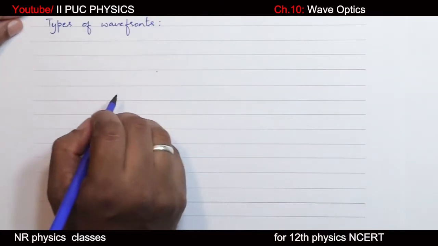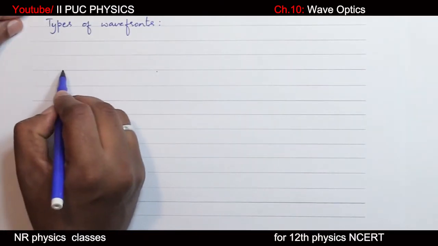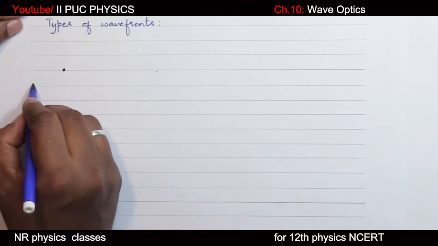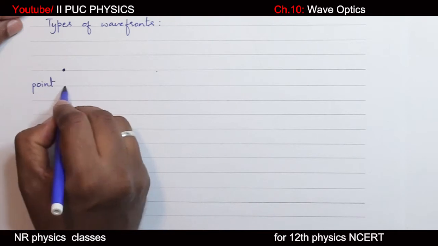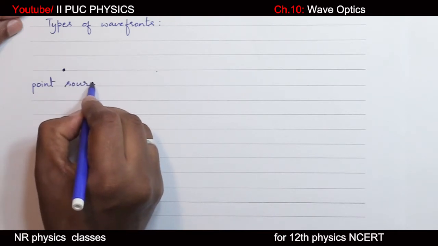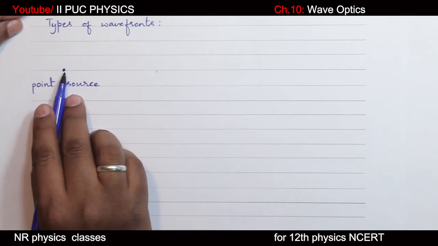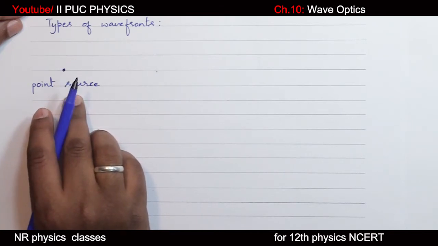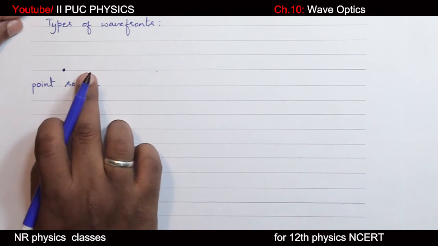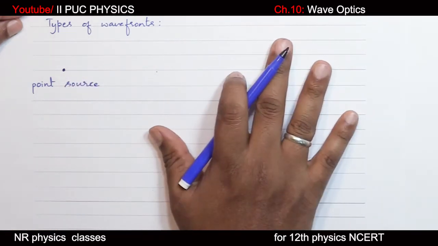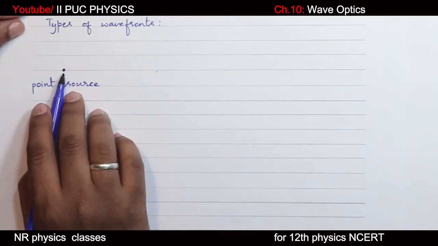Types of wavefronts. Let this be a point source. Please understand. Point source. This is the source of disturbance. The source of disturbance is the reason for waves, isn't it? Since we are using the wave concept, it is better to use source. In this case, point source.